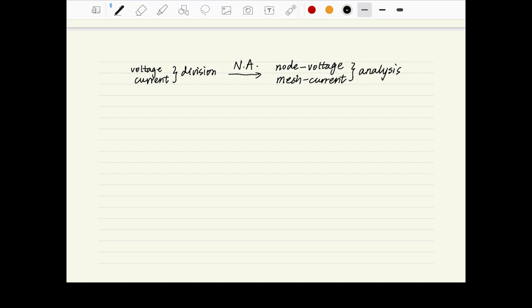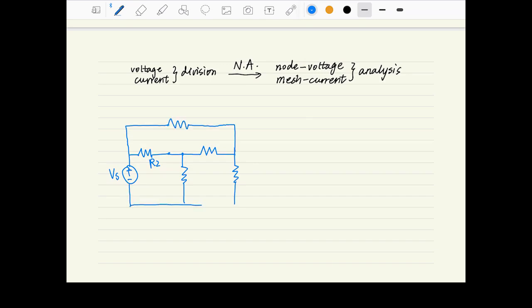But sometimes they cannot solve a more complicated circuit, so they will not be applicable in some cases. When they are not applicable, we need some new, more powerful techniques to help us solve the circuits. And that is where we need these two powerful tools.